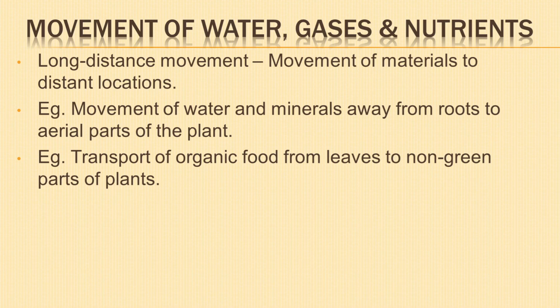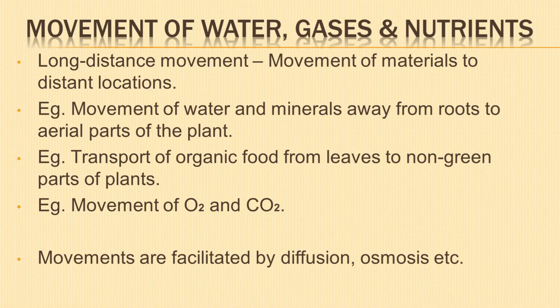Transport of sugar or organic food from leaves to other non-green parts. Movement of oxygen and carbon dioxide through stomata to internal tissues for respiration and photosynthesis respectively. The different movements are facilitated by diffusion, osmosis, imbibition, etc.